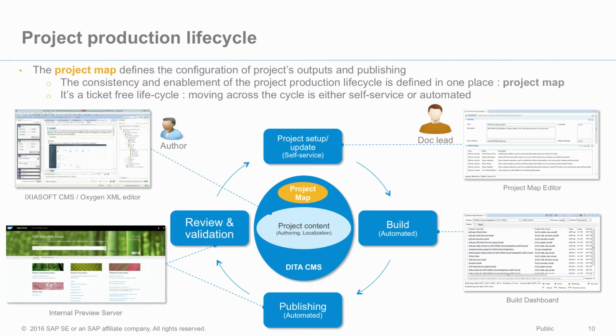and trigger automatically the build process for this given project. The build process has its own dashboard to monitor the life cycle of the build. We have the result of the build and of the publishing as well, and we can surface all kinds of errors coming from DITA Open Toolkit.